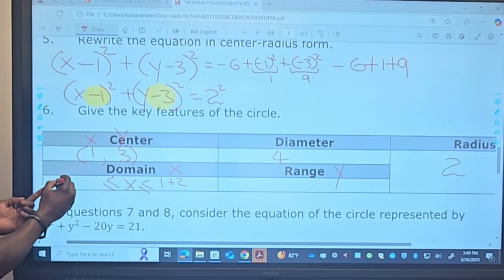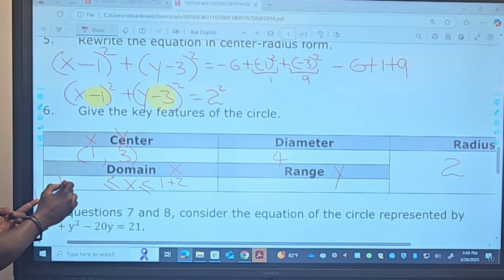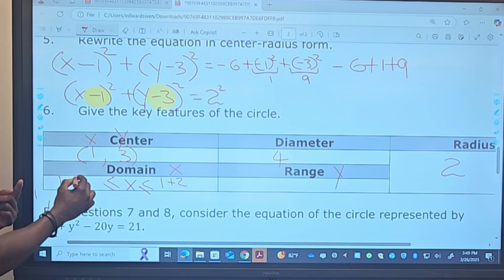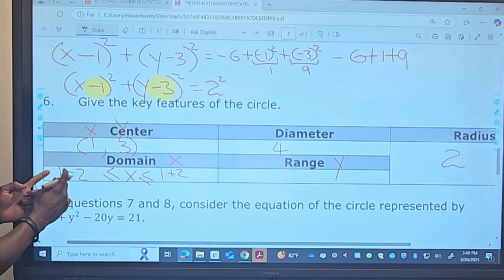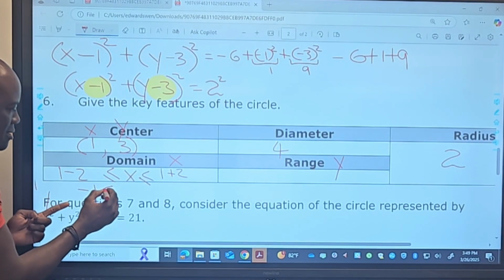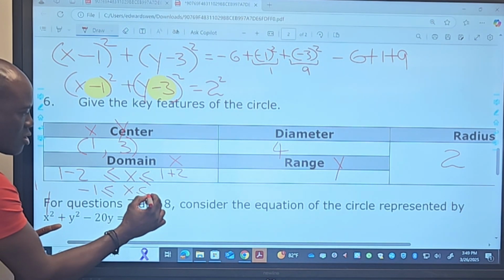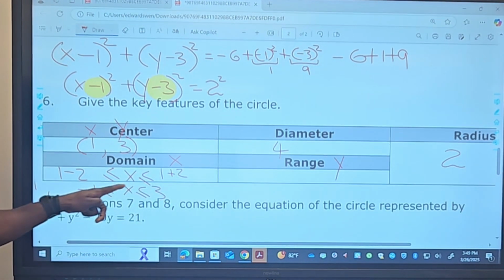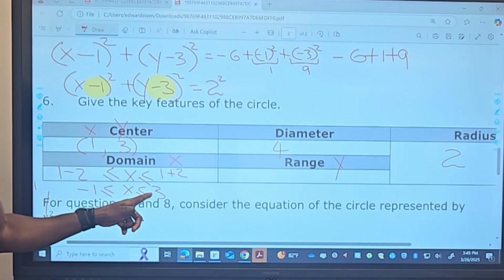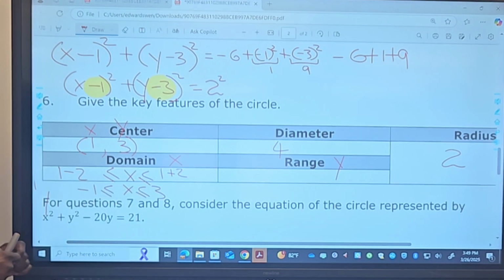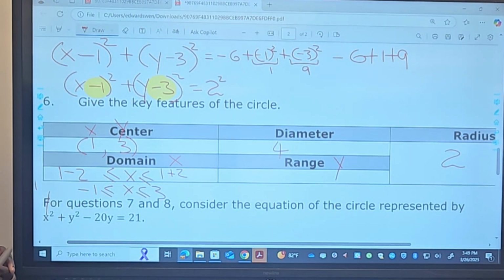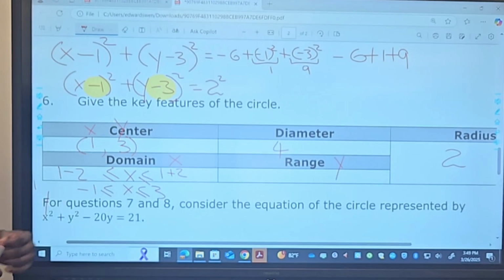Also, I'm going to take my coordinate at the center, which is 1, and then take away the radius, which is 2. Let's finalize this. This is negative 1 less than or equal to x, which is less than or equal to 3. This is my domain, where x is less than or equal to 3, but greater than or equal to negative 1.